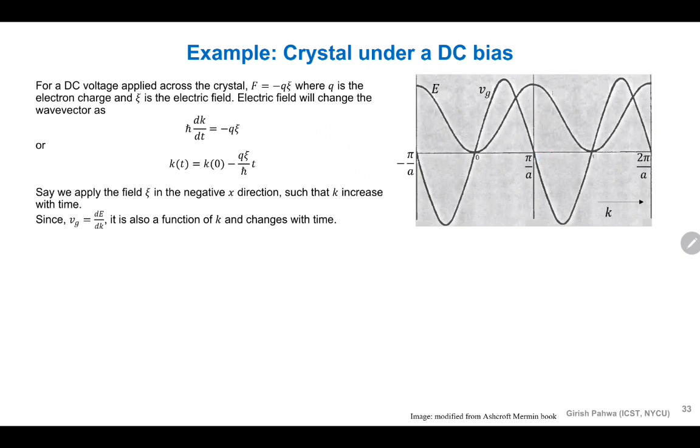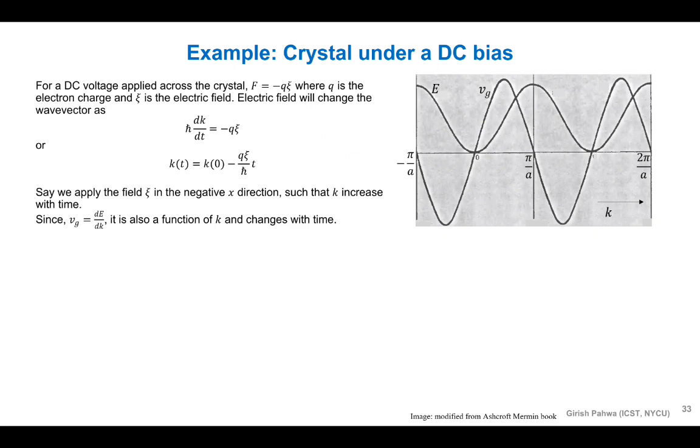Is it possible for a free particle? Is it possible for a classical particle, by the way? I apply a constant force on the particle, it will always accelerate. Its Vg will always keep increasing, will never decrease.